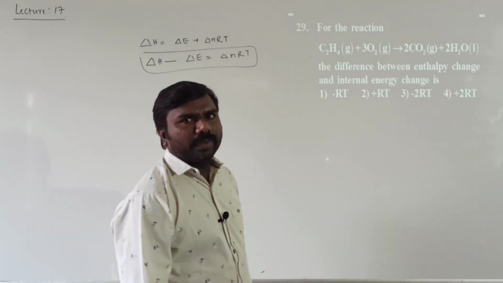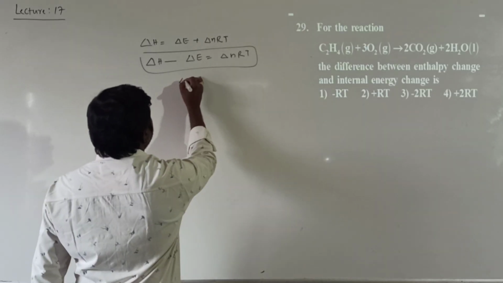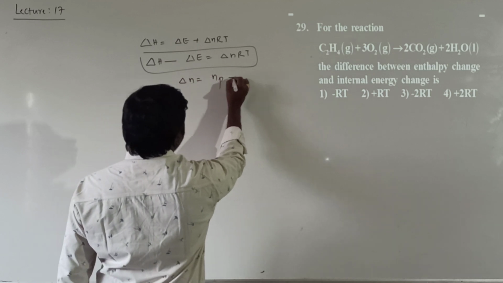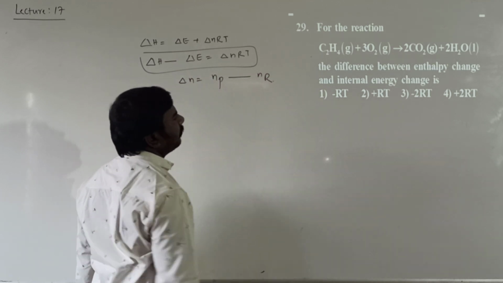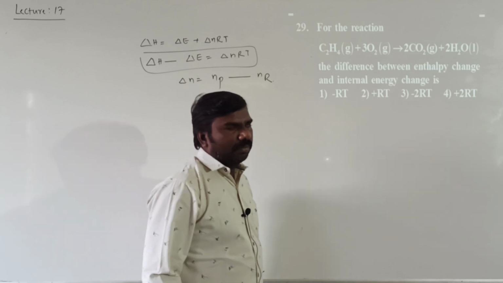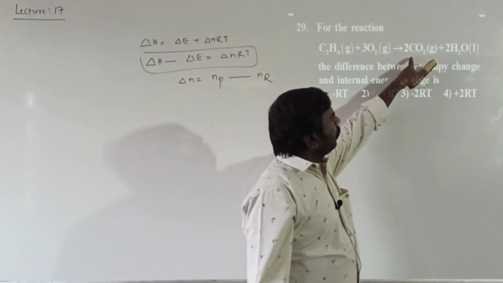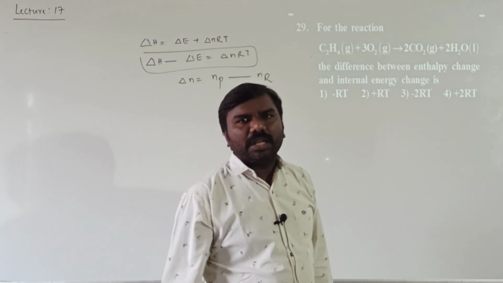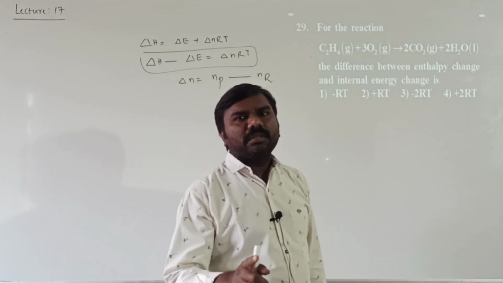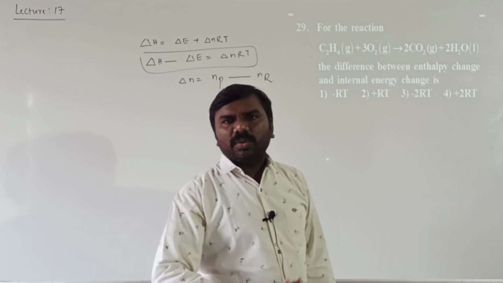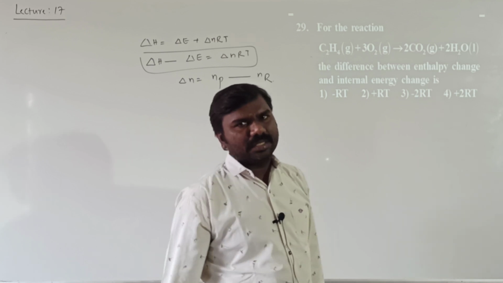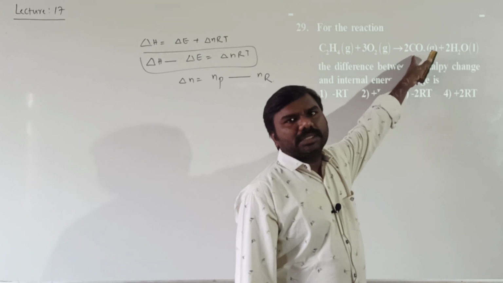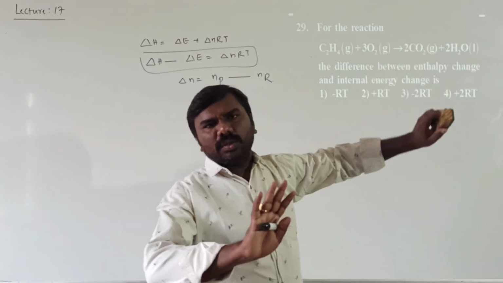That is equal to how much? Delta n equals number of moles of products minus number of moles of reactants. It is the formula. Products: 2 CO2 and 2 H2O. H2O is a liquid. For solids and liquids, that is negligible. Don't consider them, only gases you consider. That is 2 gases; the water molecules are liquid, no need to consider.